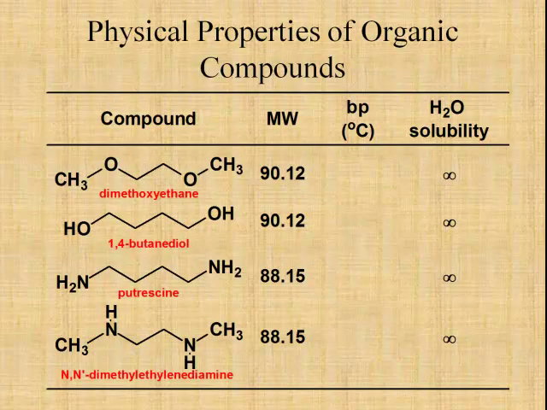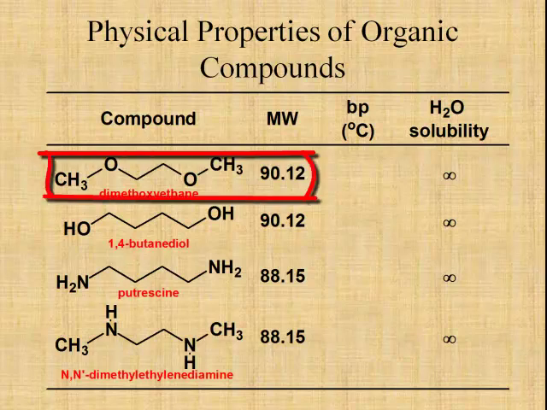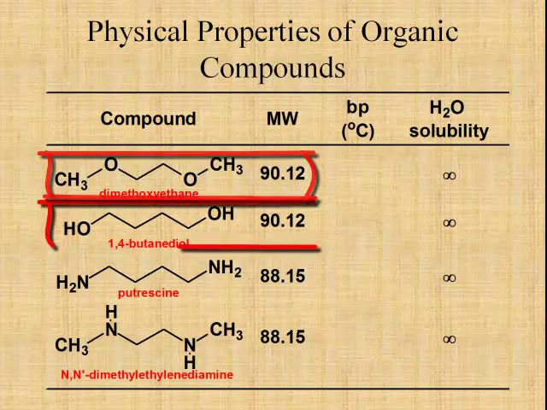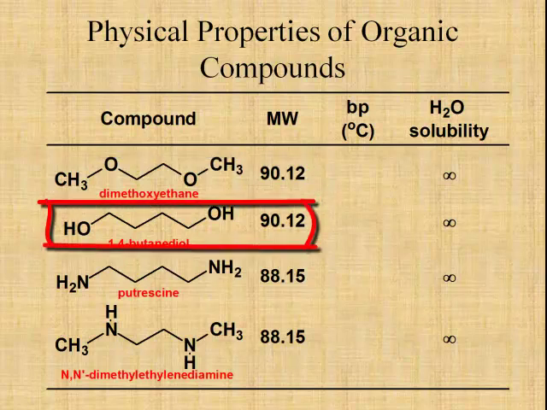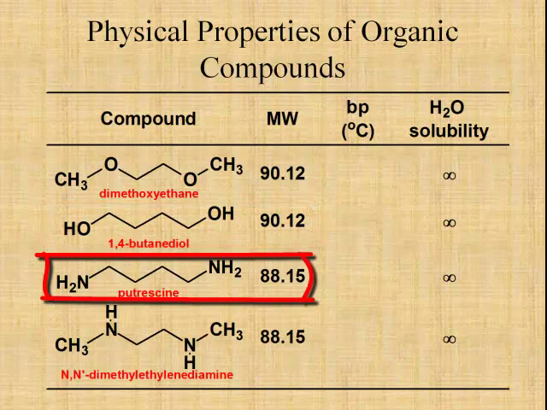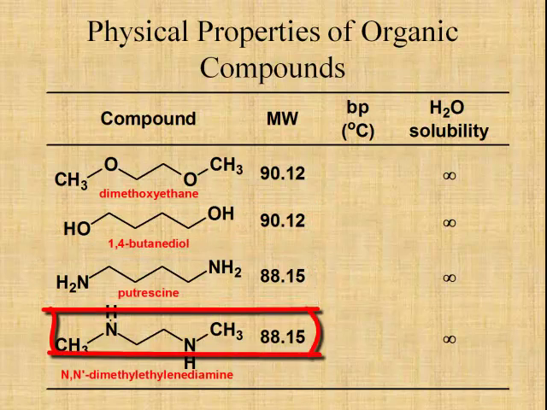On this slide, I'm showing you 4 different compounds with 4 different functional groups. We have an ether, an alcohol, or a diol, a molecule with 2 primary amines, and a molecule with 2 secondary amines.